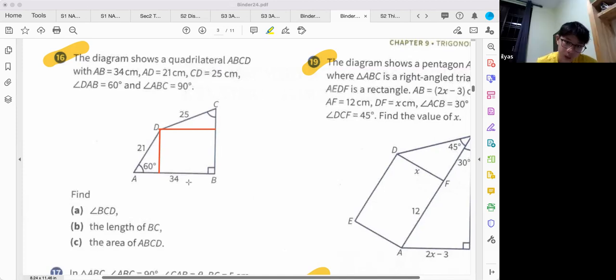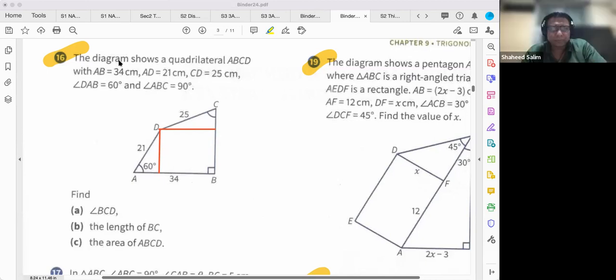B, C, D. See over here. A little bit long. Okay, I won't stop you from using any method. I just wanted to trigger your mind. You can use any method you want.